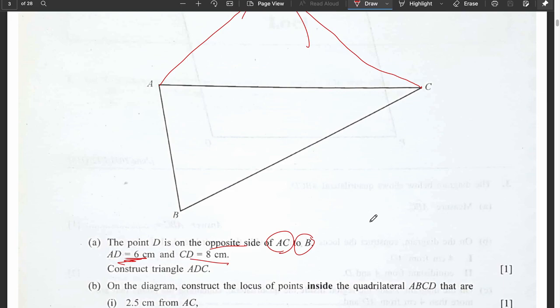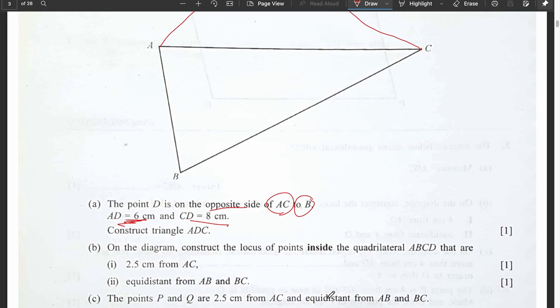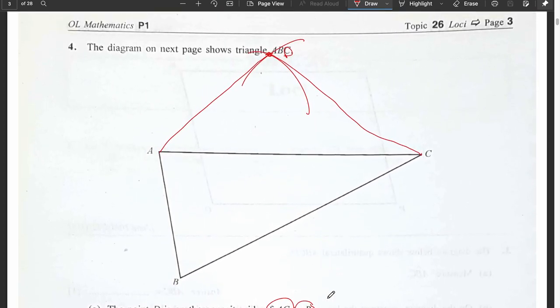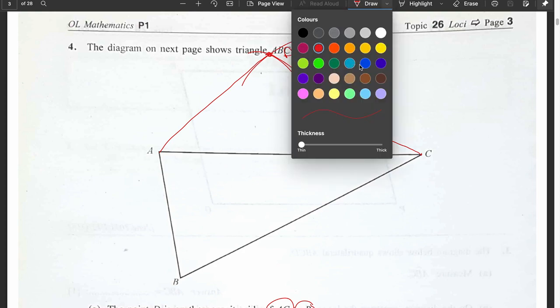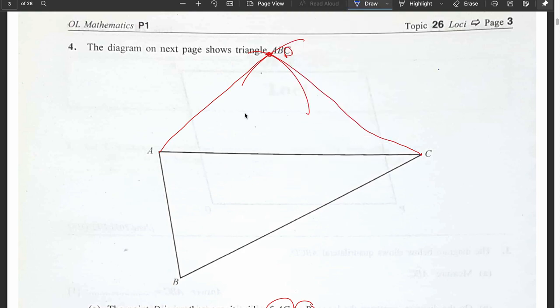On the diagram, construct the locus of the point inside the quadrilateral ABCD that are 2.5 centimeter from AC. Now I can see the line AC and 2.5 centimeters, so it is a parallel line which is 2.5 centimeters on both sides this time, because this would be inside the quadrilateral.